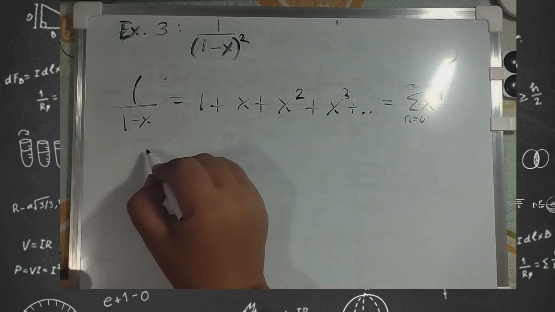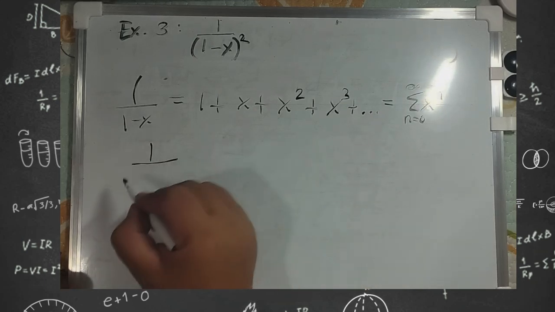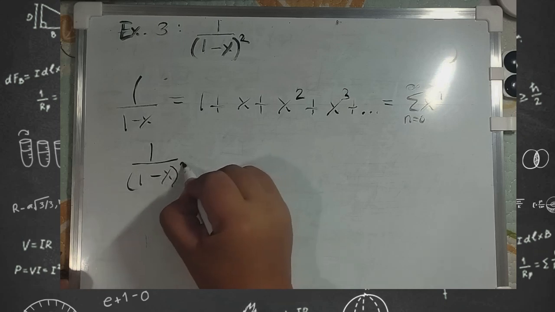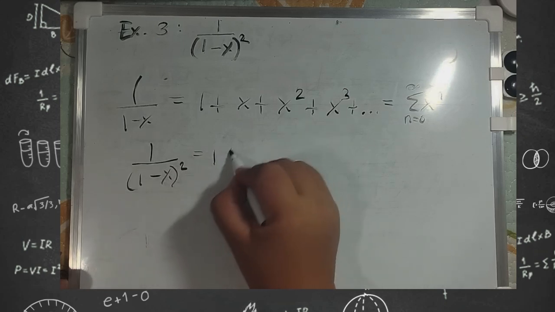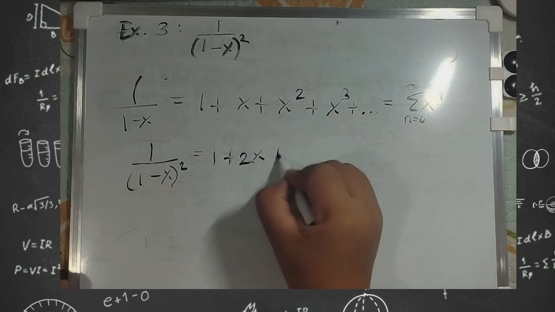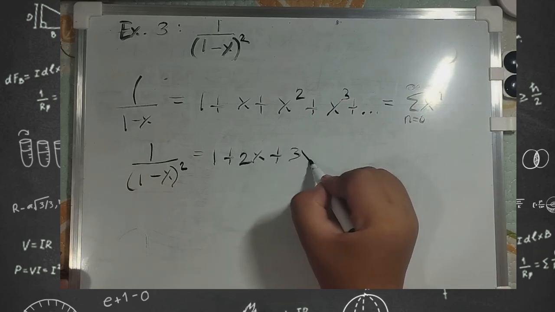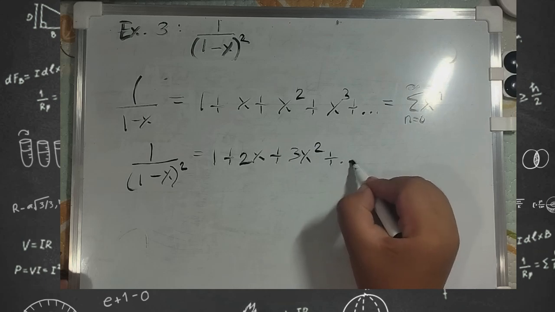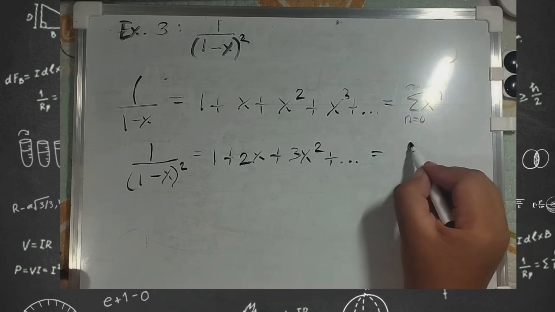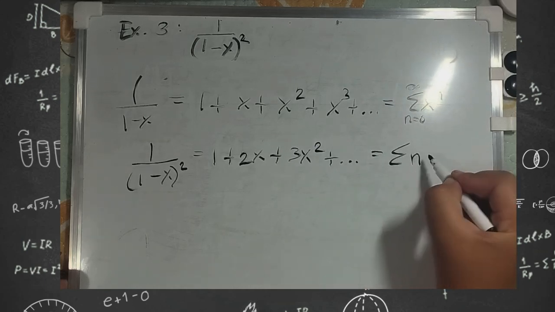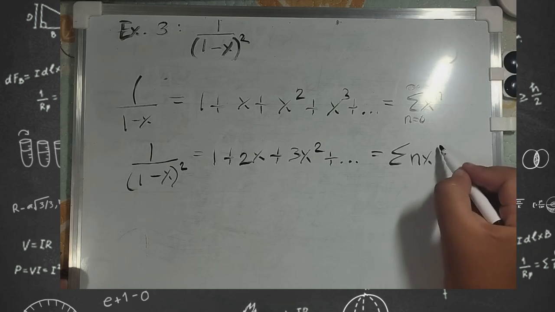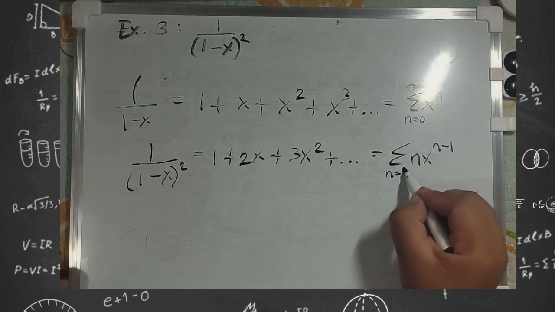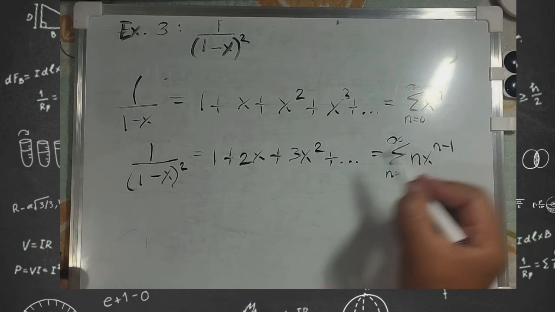We get 1 all over the quantity 1 minus x raised to 2 is equal to 1 plus 2x plus 3x raised to 2 plus until infinity, which is equal to the summation of n times x raised to n minus 1, where n approaches from 1 to infinity.